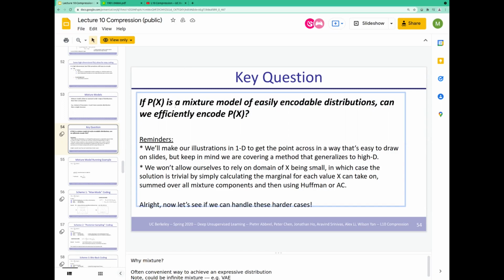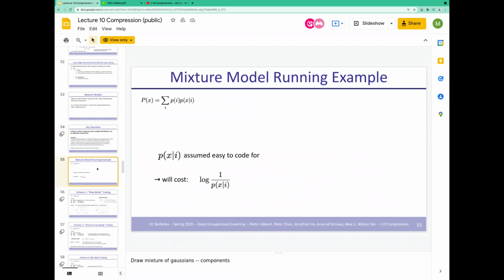If the probability of x is a mixture model, and x is still discrete, and the probability is a mixture of models, how do we encode it efficiently so that we maximize the compression, right?